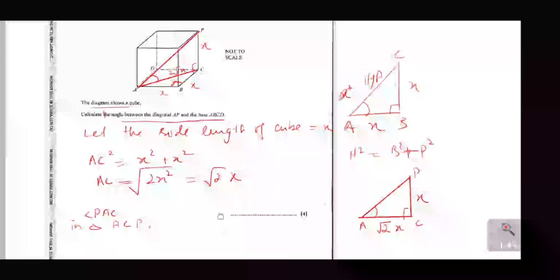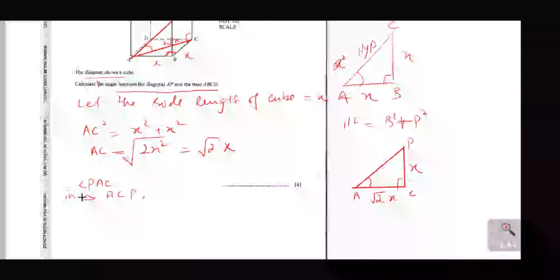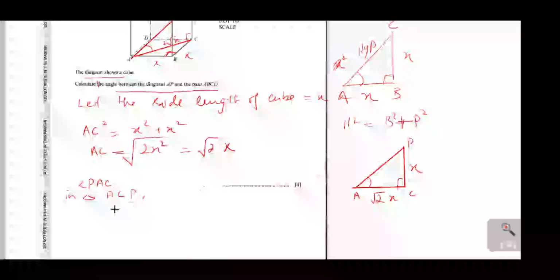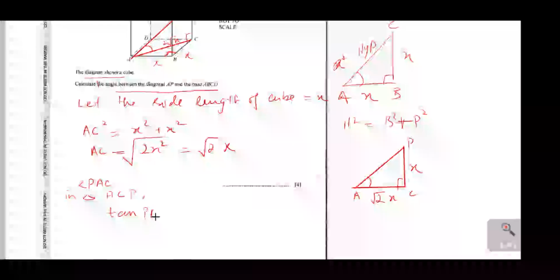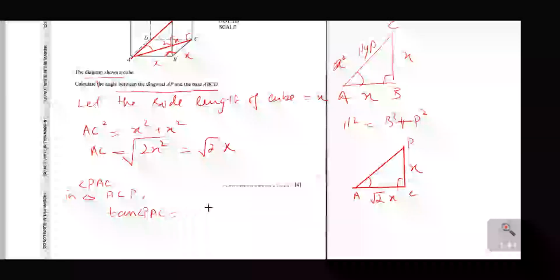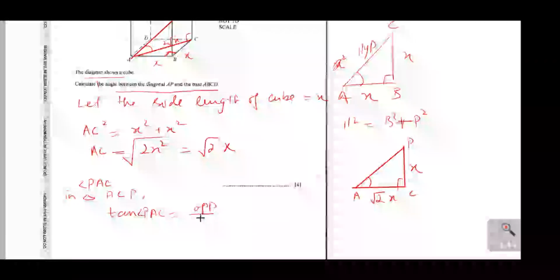In triangle ACP, tan of angle PAC equals opposite side over adjacent side. This side is opposite, this side is adjacent. This is x over square root 2 into x.